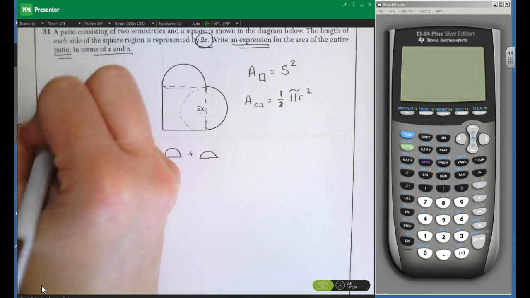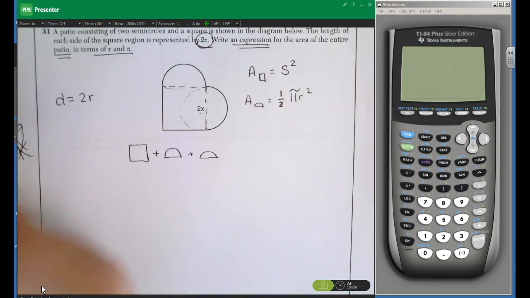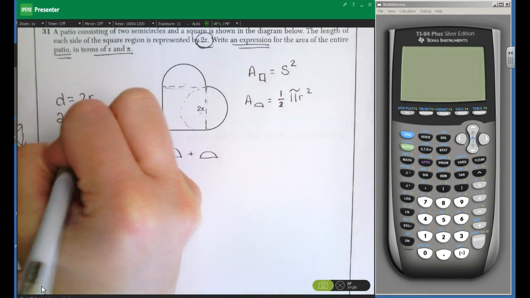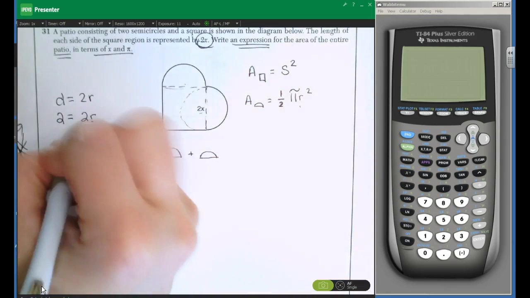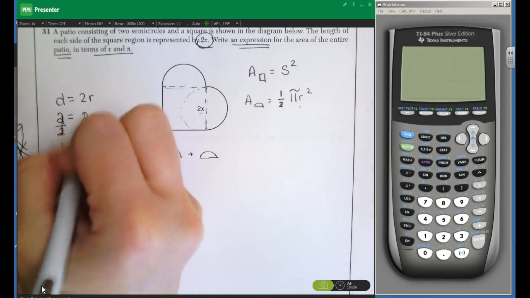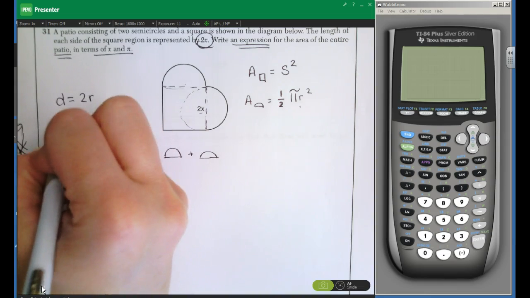The diameter equals 2 times the radius. So if the diameter equals 2x, and we're trying to get the radius to put in this equation, we have to divide both sides by 2. And so I know that my radius is actually going to be x.